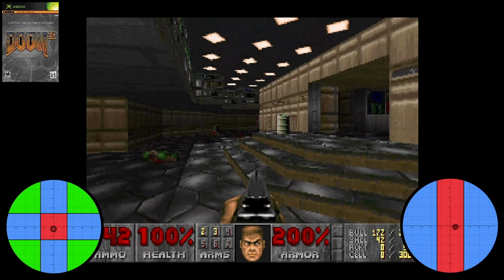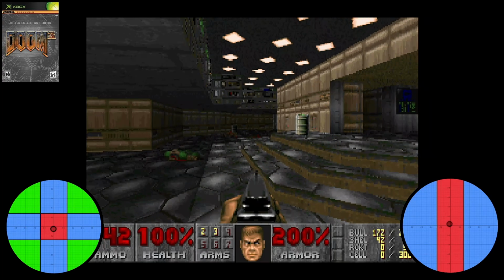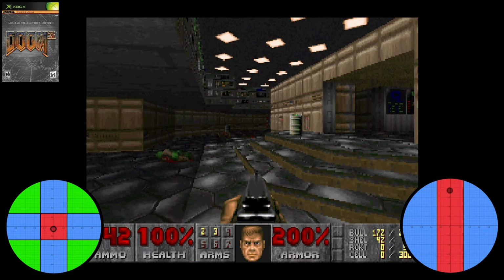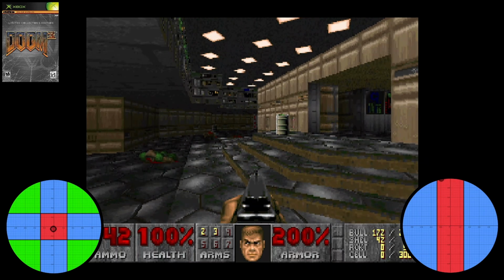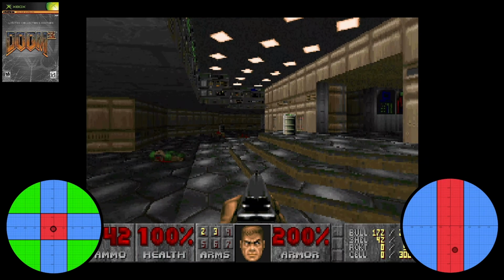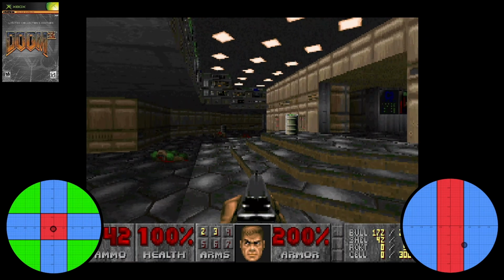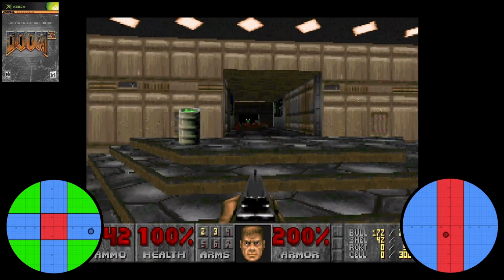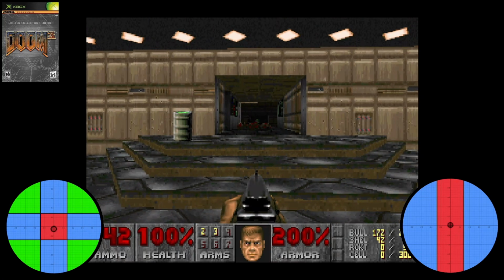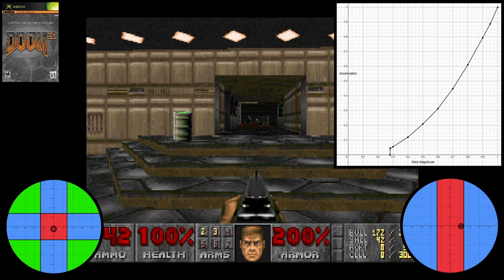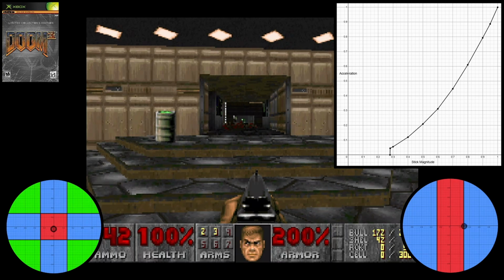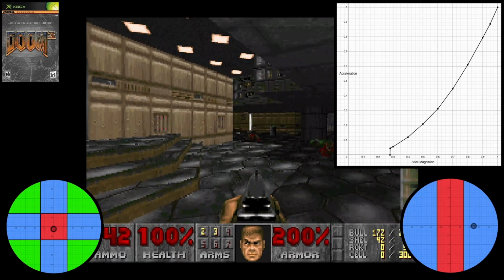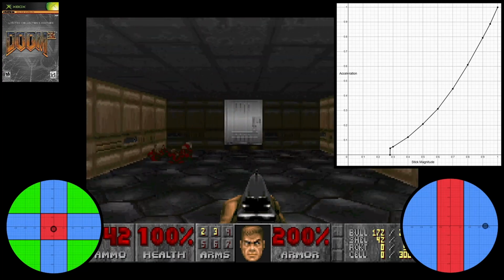For the camera, we have the same 28% axial dead zone, but since there's no vertical view in Doom, we don't have that component here. The acceleration curve for the camera actually starts at about 5% of its total speed and increases following a quadratic curve.